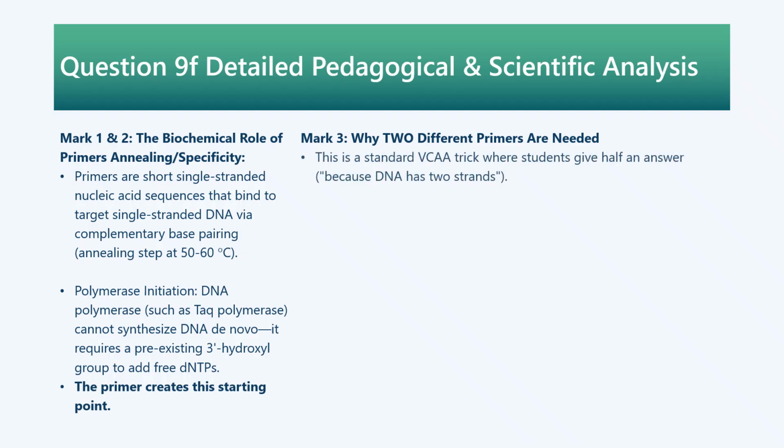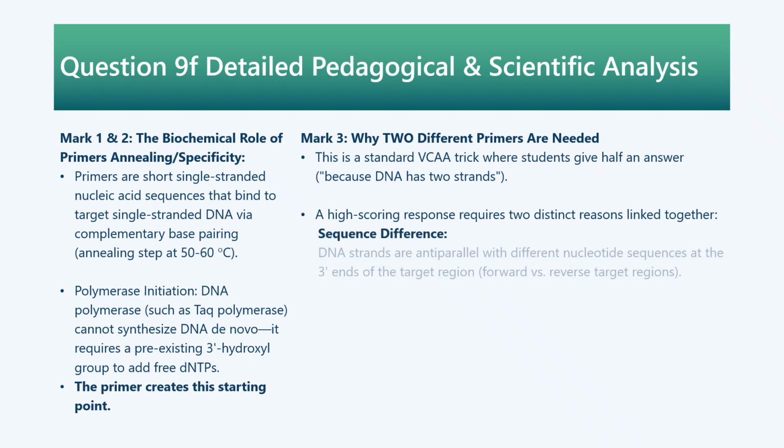Mark 3: why TWO different primers are needed. This is a standard VCAA trick where students give half an answer, because DNA has 2 strands. A high-scoring response requires 2 distinct reasons linked together. Sequence difference: DNA strands are antiparallel with different nucleotide sequences at the 3' ends of the target region, forward versus reverse target regions.